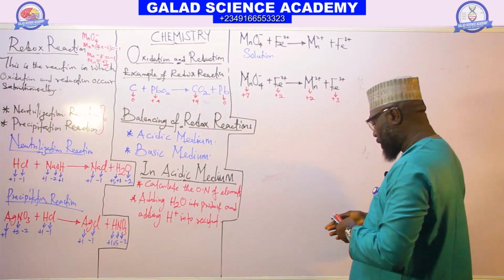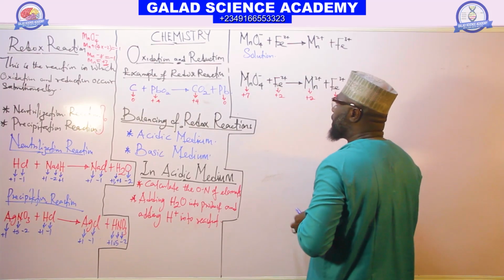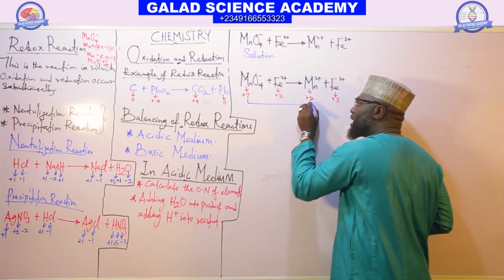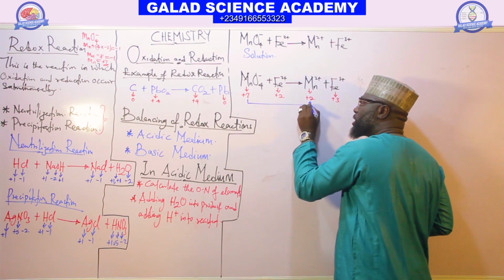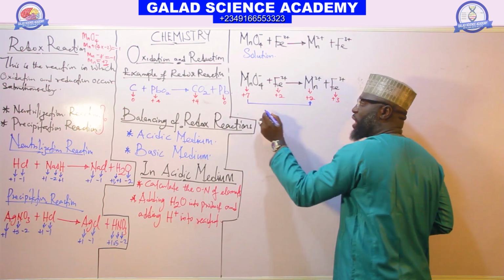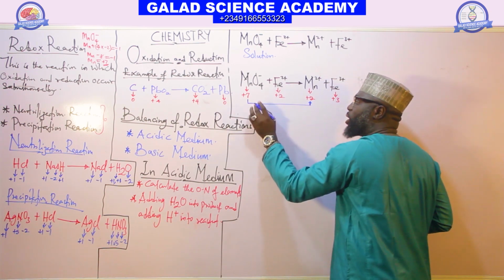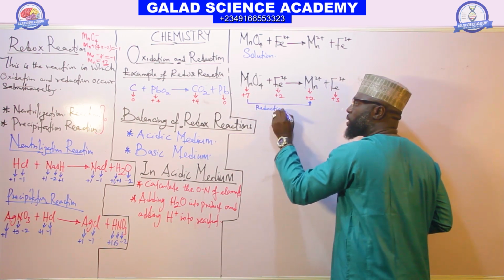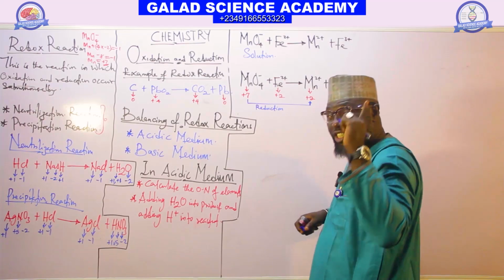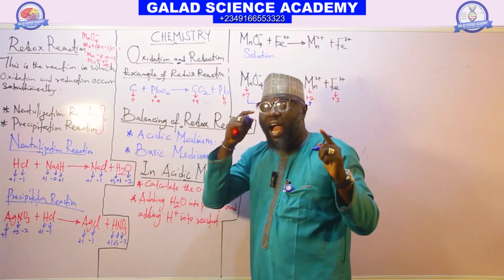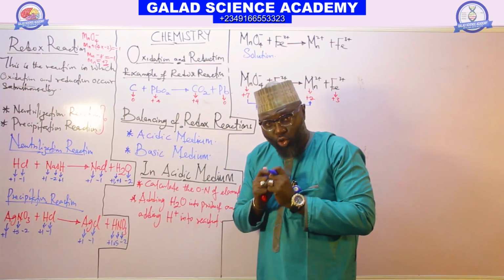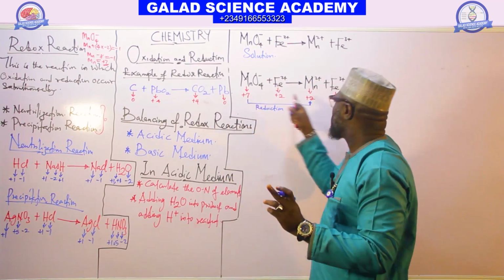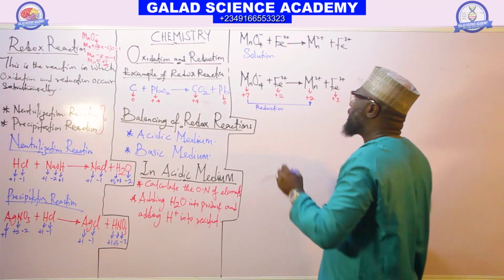We can see that manganese is reduced from 7 to 2. Therefore, manganese undergoes reduction, because from the definition of oxidation and reduction at the beginning of this class, a decrease in oxidation number is called reduction. Reduction occurs here. Look at iron.